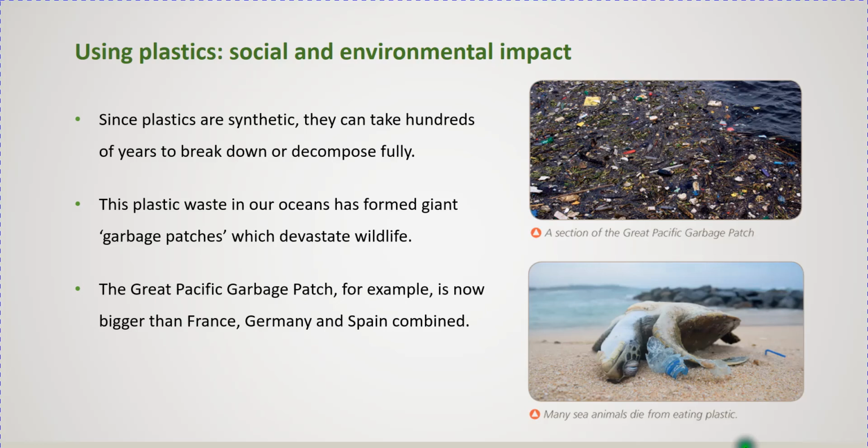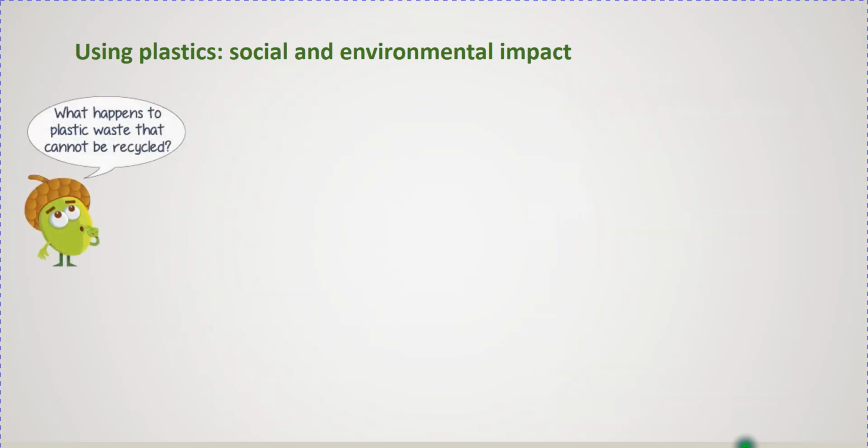Obviously, if animals end up in this, it'll kill most animals from them eating plastic. So we have a turtle here that has eaten some plastic and has died as a result of it.